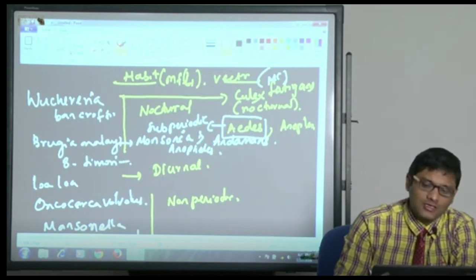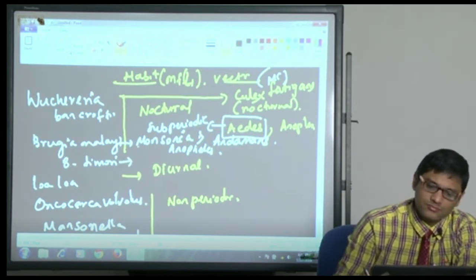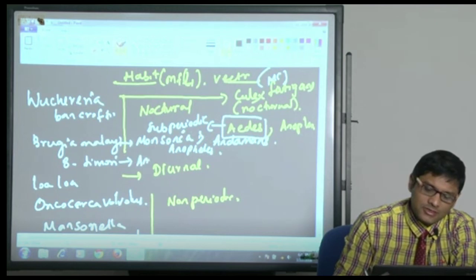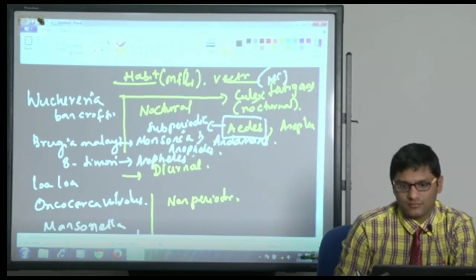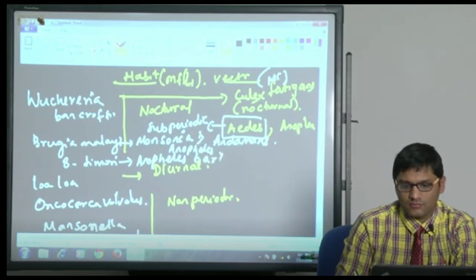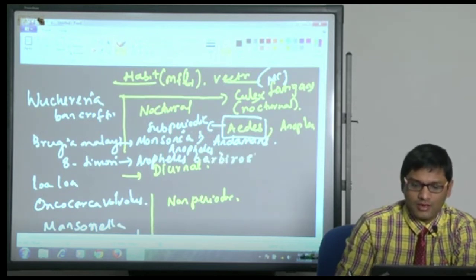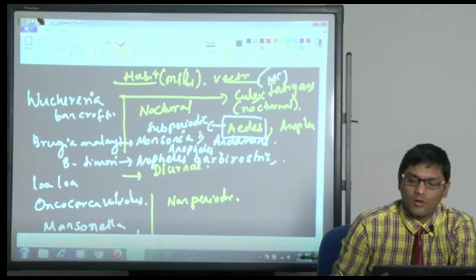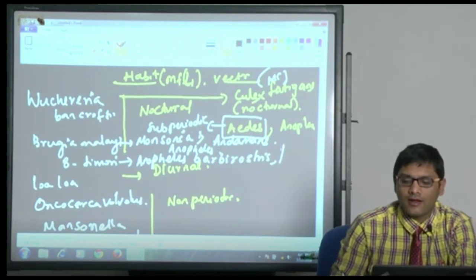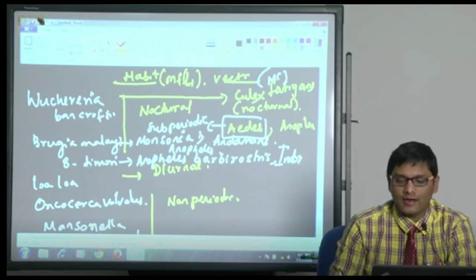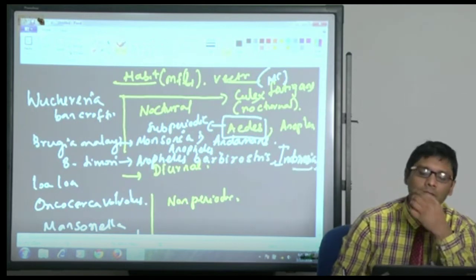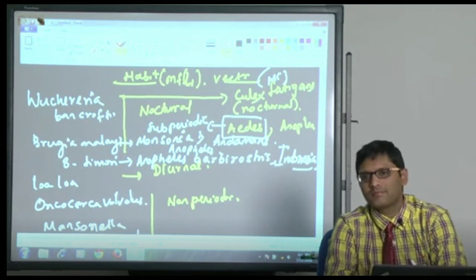Brugia timori is transmitted by a species of Anopheles called Anopheles barbirostris, and this timori is endemic only on Timor island of Indonesia. Only in that particular island this is seen.